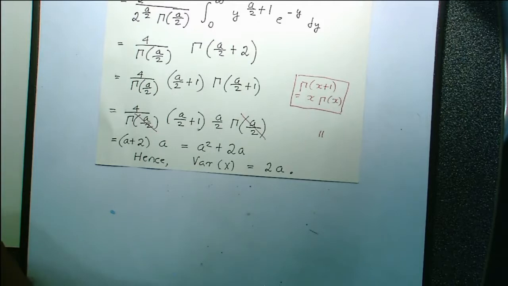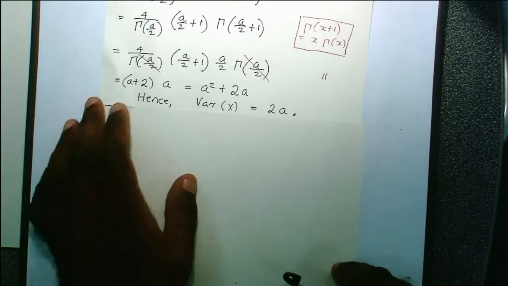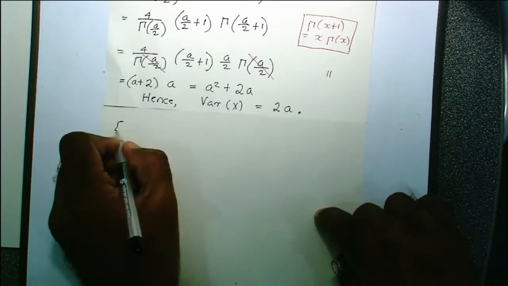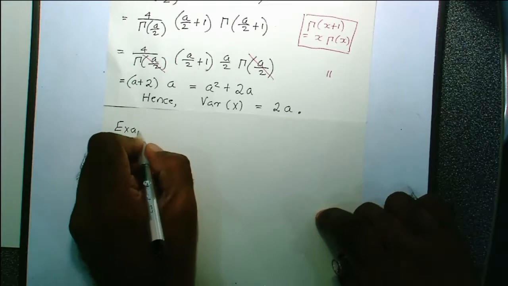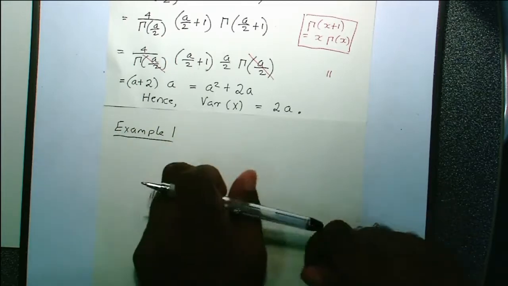The next one, I'm going to do an example. I haven't done any examples on the chi-square distribution, so this is example 1.